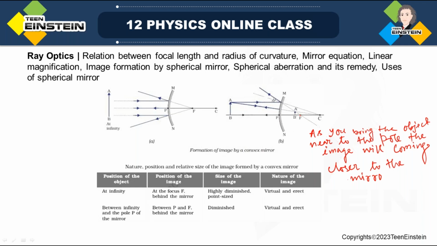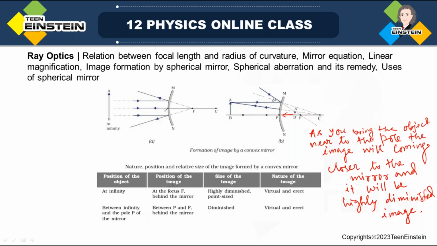It will always be found between pole and focus, so its position will just shift towards the pole, or towards the mirror, and it will be a highly diminished image.